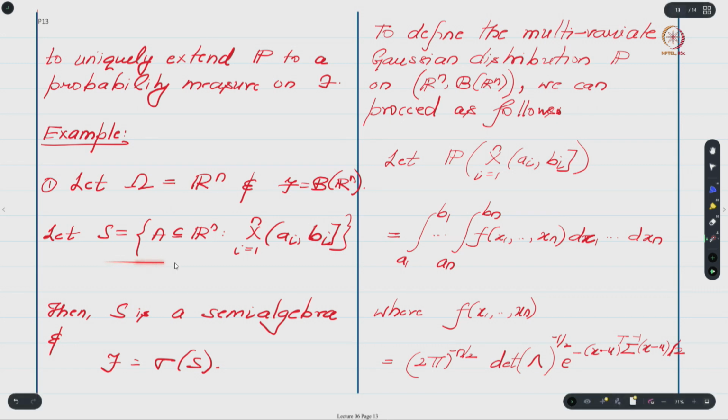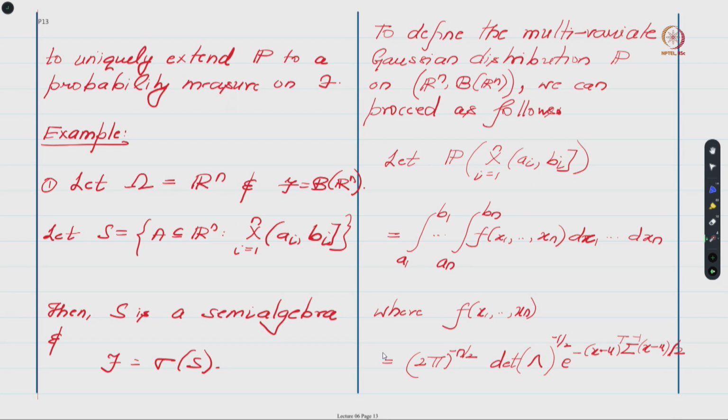Well, we first look at Cartesian products of the following form. Then, to define the multivariate Gaussian distribution, we say that for a set of this form, the probability measure is given by this integral, where this little f has the form given over here.